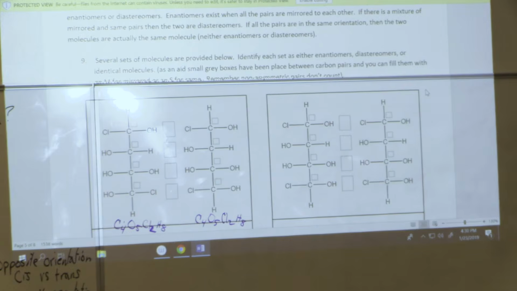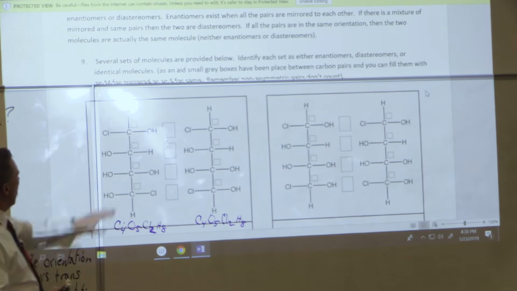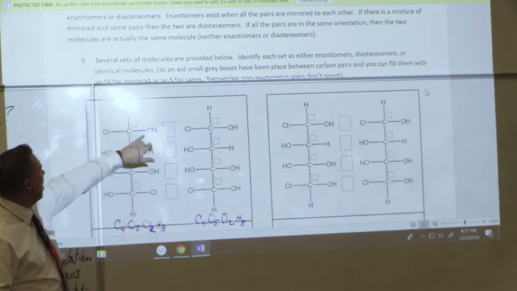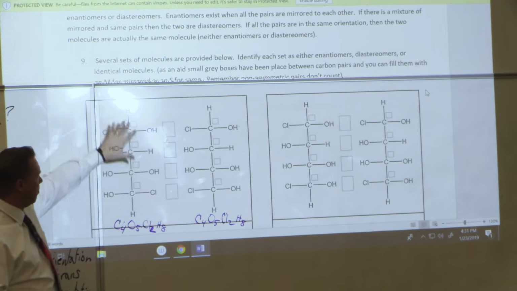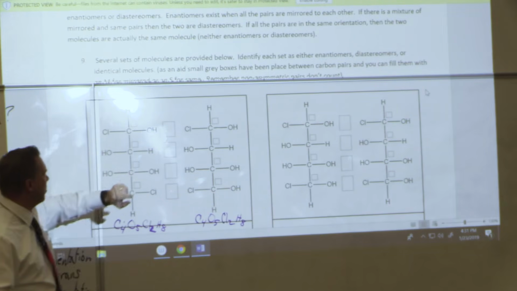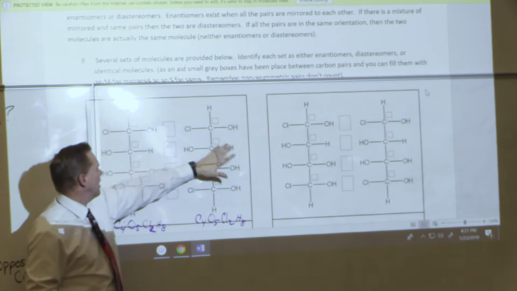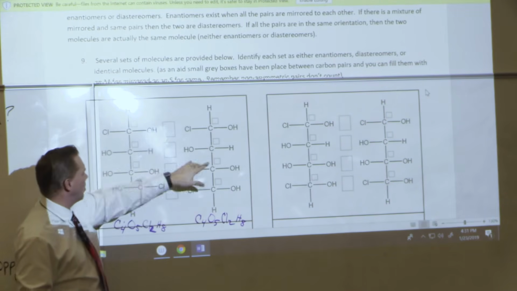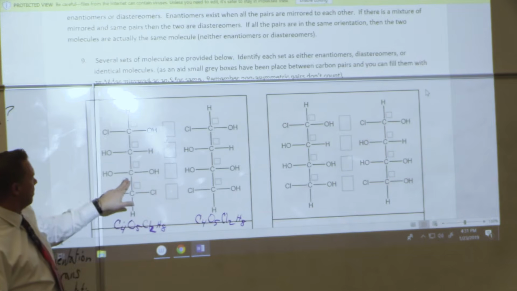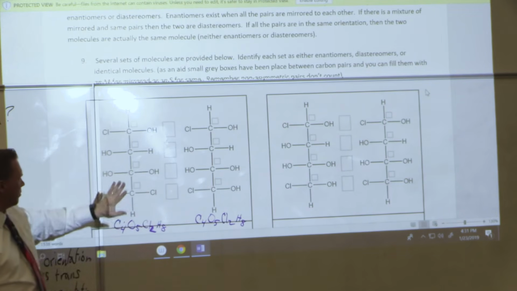Next question. Are they structural isomers or are they stereoisomers? Well, I look at this carbon. It's got a Cl, an OH, an H, and then the rest of the molecule. This one also. So those two seem to be in the same pattern. OH, C, H, OH, C, H. I already determined that those two were the same. So that looks good. Here I've got OH, OH, OH, OH.